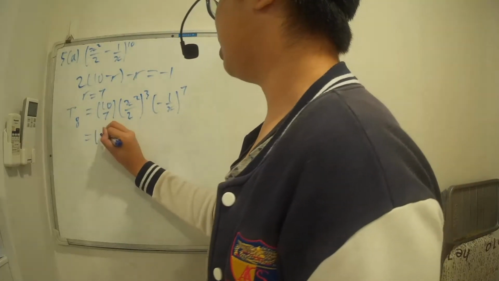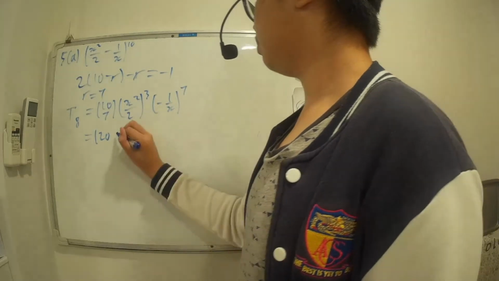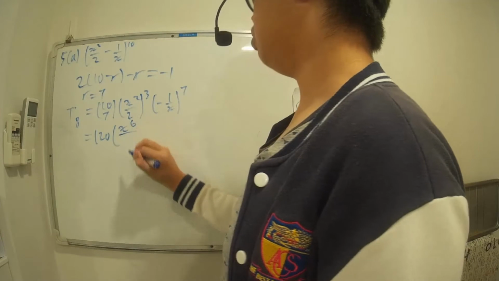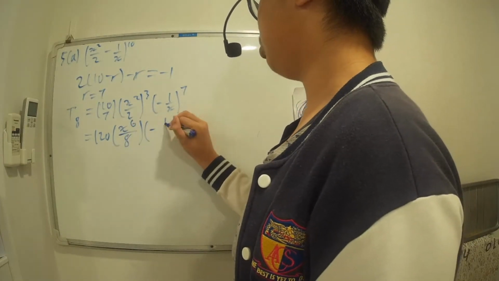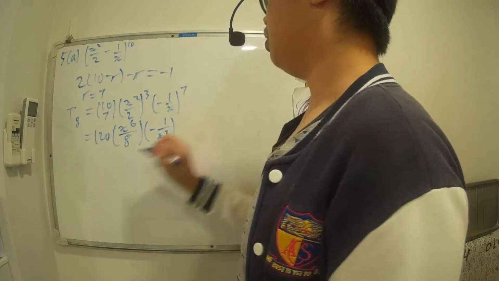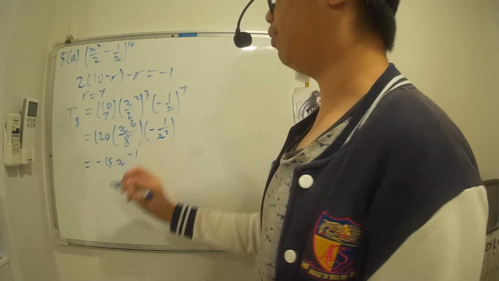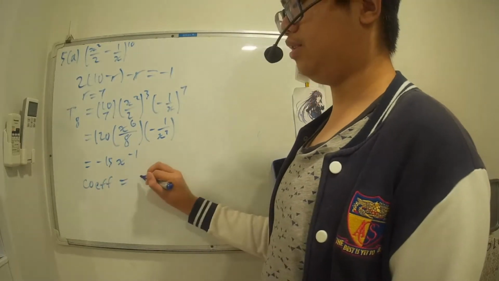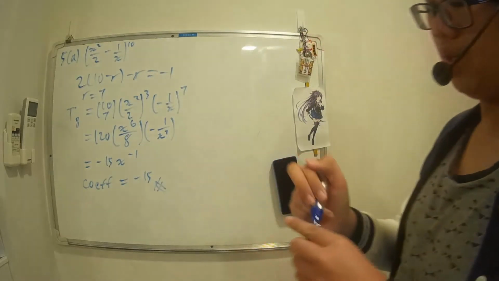So I have 120, and then this is 8, x to the 6th power over 8, and then minus 1 over x to the 7th, and this is equal to minus 15 x to the negative 1. So the coefficient of this is negative 15. Okay, so that's quite simple.